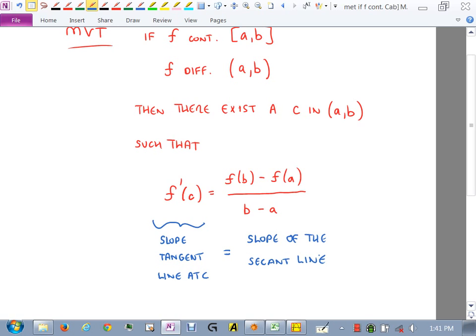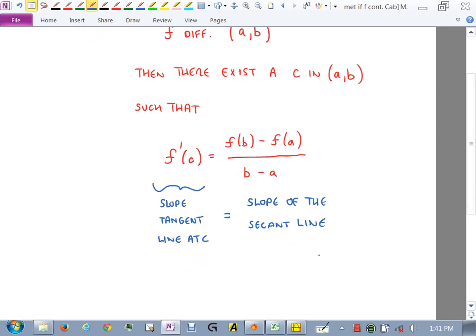When you move that point on top of the other one, we called it the tangent line. So secant line connecting endpoints. Okay, that's what the theorem says. The left side of this, that's the derivative. That's the slope of the tangent line at c. This is the slope of the secant line connecting the two endpoints. Mean value theorem says somewhere in there, they're the same.